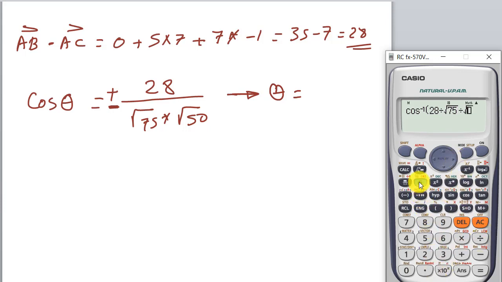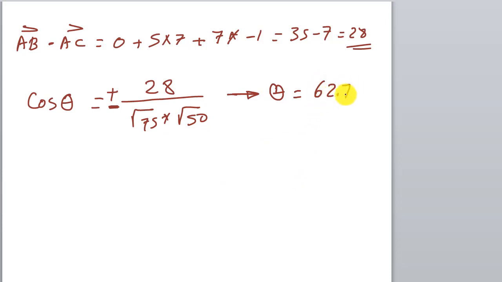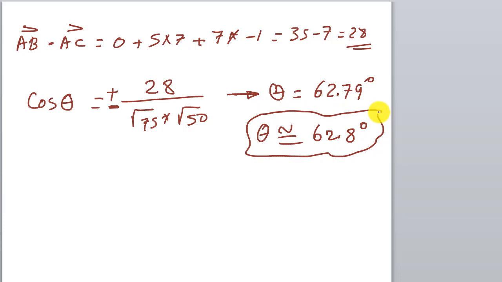So the angle is equal to 62.79 degrees. So theta is equal to 62.8 degrees. And this is the answer of this question.